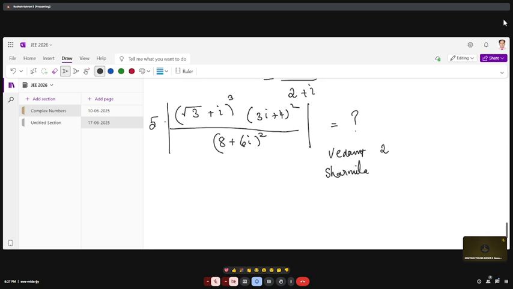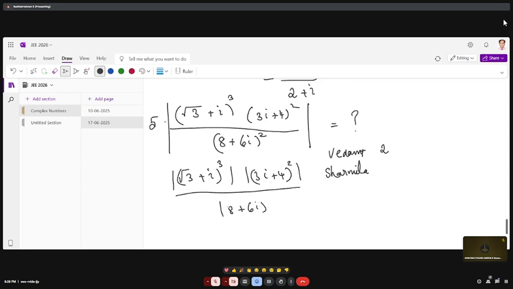So modulus of AB by C is equal to modulus of A into modulus of B by modulus of C. So the first expression can be rewritten in this way.